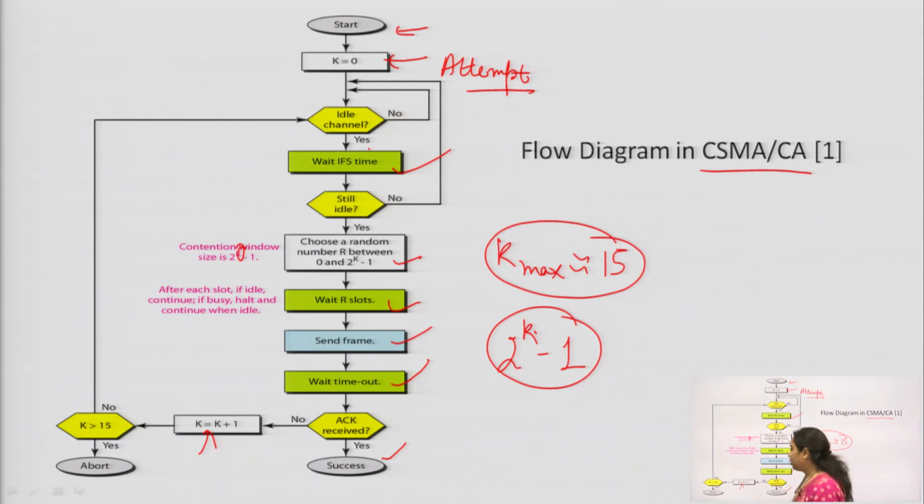If k is greater than 15, then you have to abort. If it is not, then we go back again and check whether the channel is idle or not. So, this is how collision avoidance is performed in the random access protocol CSMA CA.